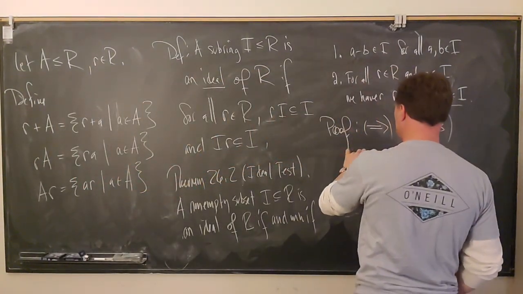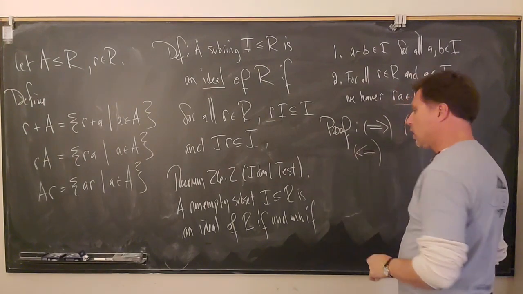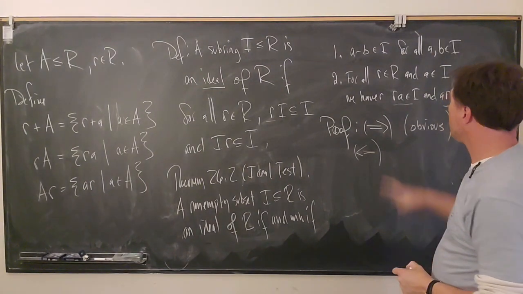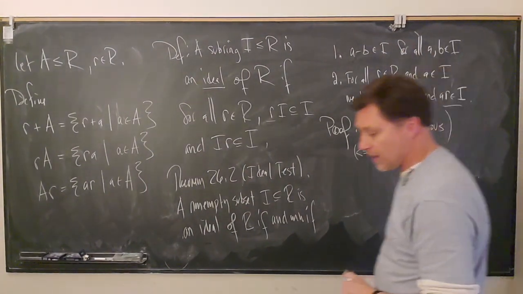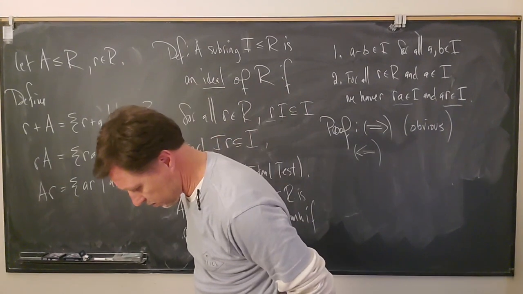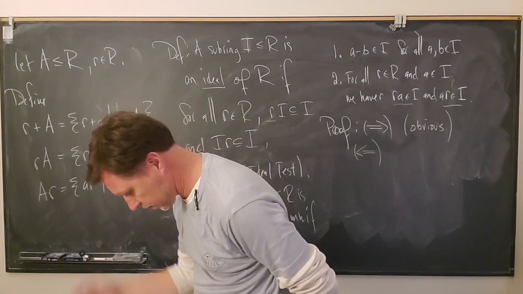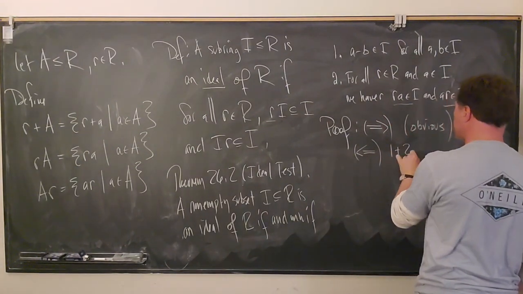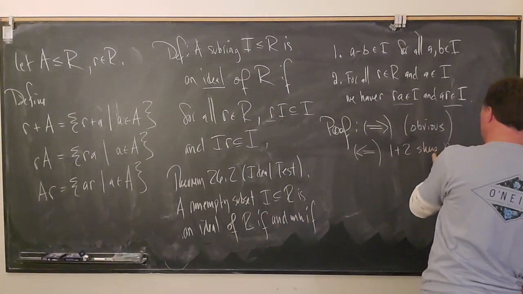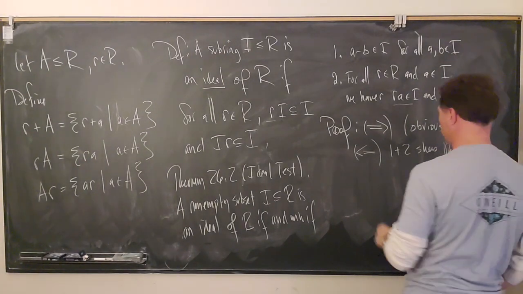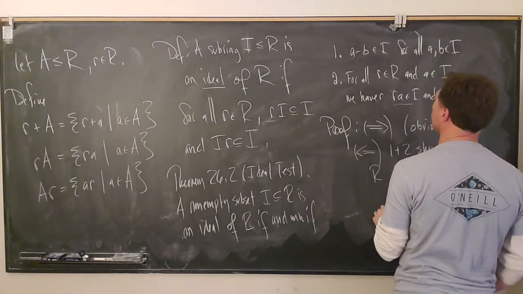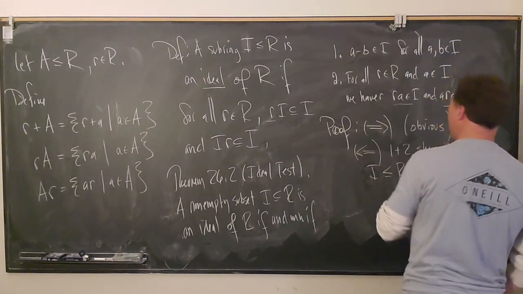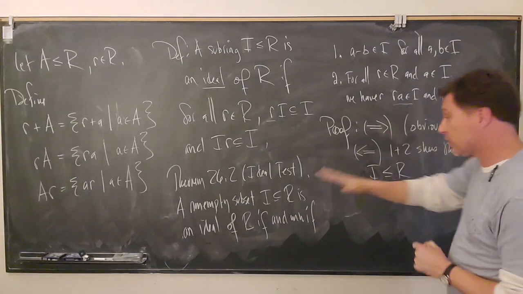In the reverse direction, we have a non-empty subset, and we want to show that it's an ideal based on these two properties right here. Let's say it like this: 1 plus 2 show that I is a subring of R. Notice we've assumed that it's non-empty.